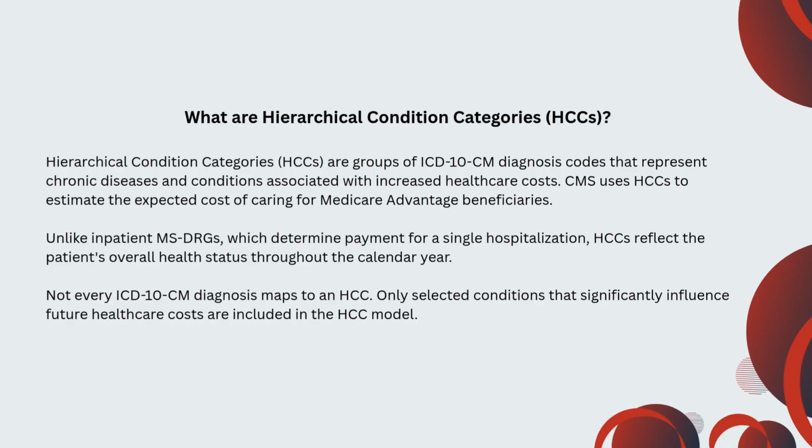Unlike inpatient MS-DRGs, which determine payment for a single hospitalization, HCCs reflect the patient's overall health status throughout the calendar year. Not every ICD-10-CM diagnosis maps to an HCC. Only selected conditions that significantly influence future healthcare costs are included in the HCC model.